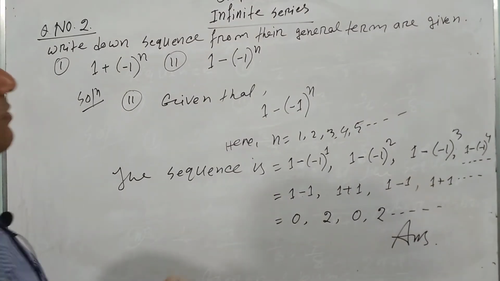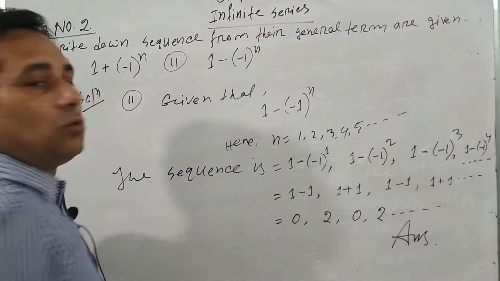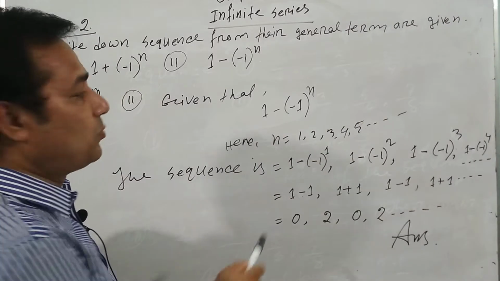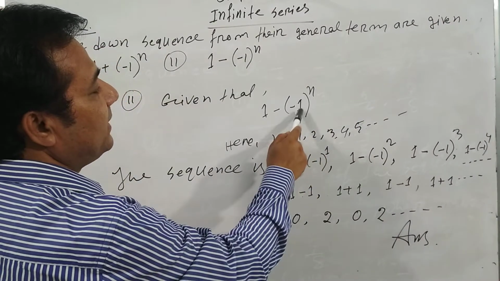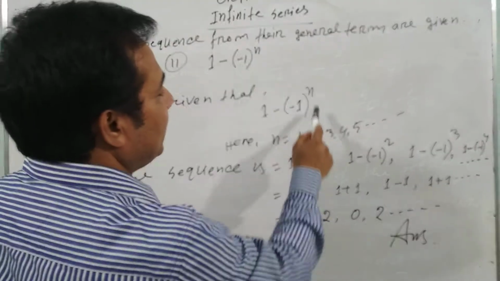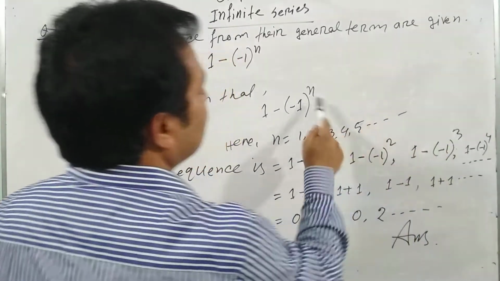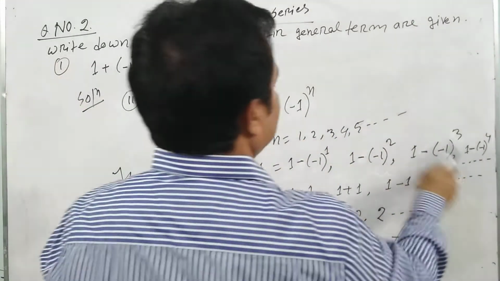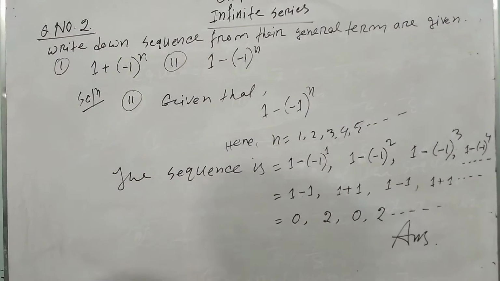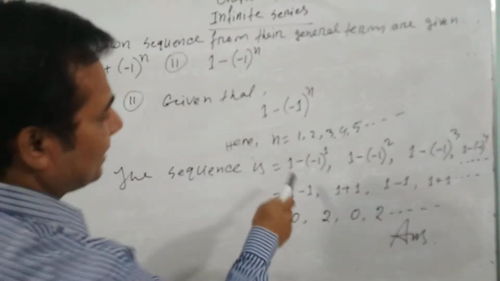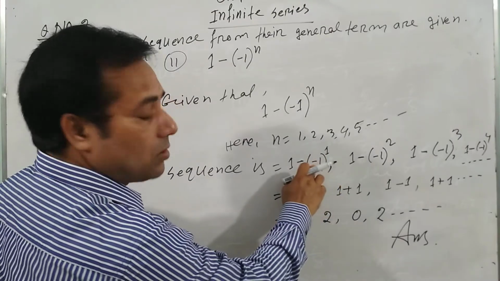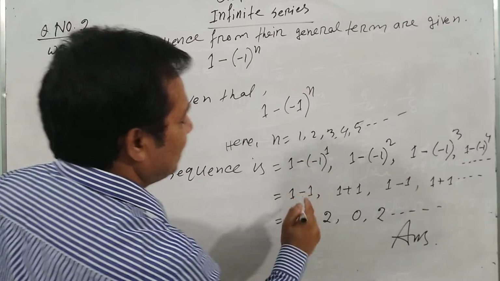Similarly, we put the value of n as 1. Firstly, we put n equals 1. Then we put n equals 2, 1 minus 1 to the power 2. Then n equals 3, 1 minus 1 to the power 3. Then n equals 4, 1 minus 1 to the power 4. Okay, next we calculate: if the power is odd, the sign is negative, minus a plus.